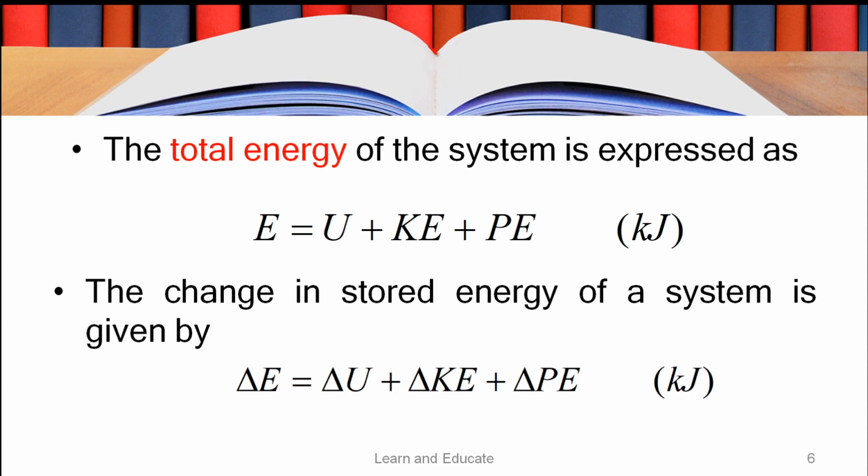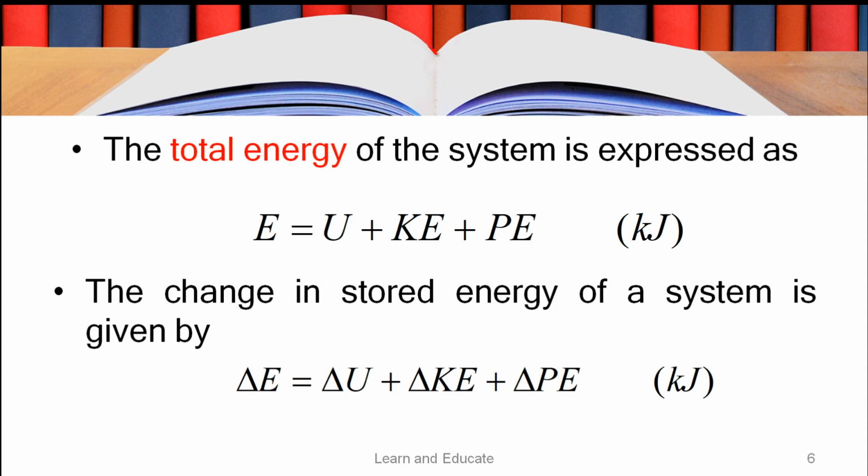So the total energy of the system, from the discussion so far, could be concluded as the sum of kinetic energy, potential energy, and internal energy in joules or kilojoules.